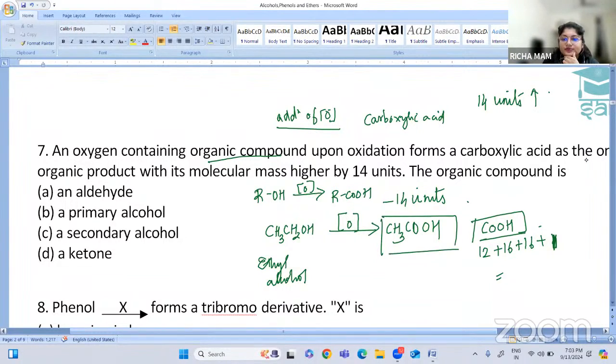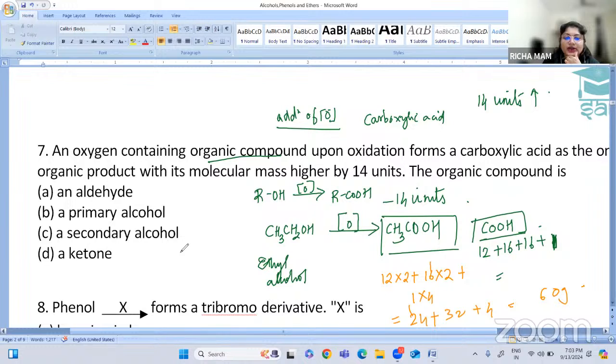Now count the molecular formula. Carbon is 12 into 2, plus oxygen is 16 into 2, plus hydrogen is 1 into 4. That is 24 plus 32 plus 4, which is 60 grams.